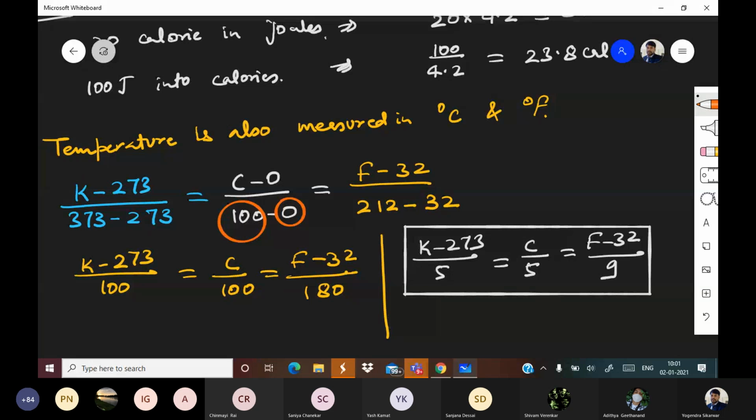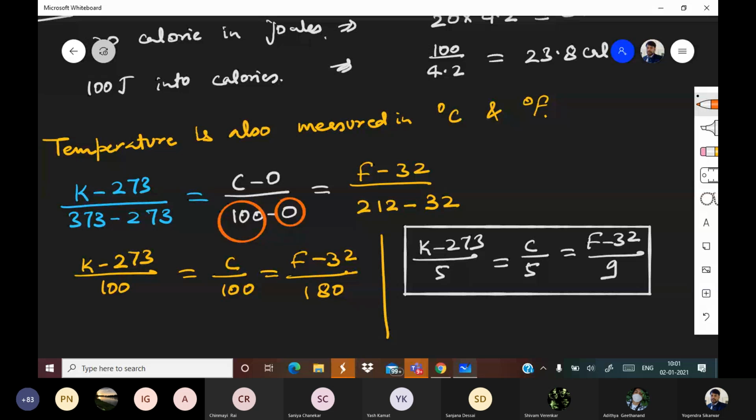I am telling you that background. So they took 0 as freezing point, 100 as boiling point, and divided it into 100 parts. So in degree Celsius, the important aspect is water. And why water? Because it was very important for human life.